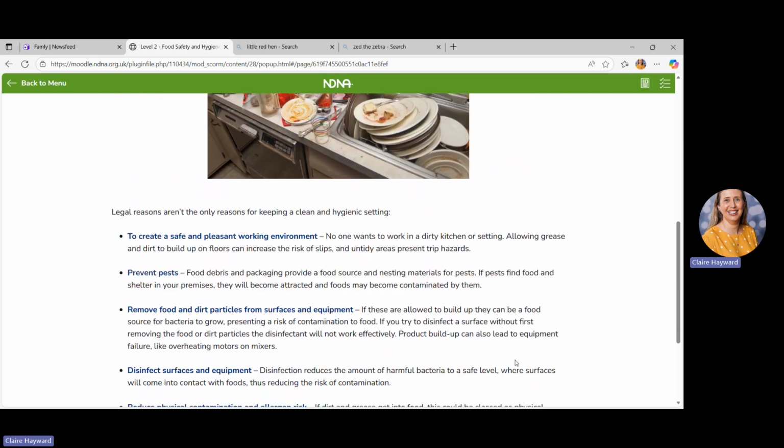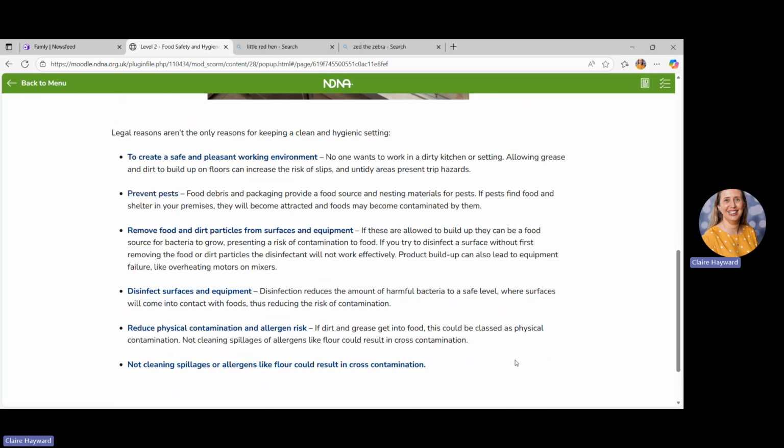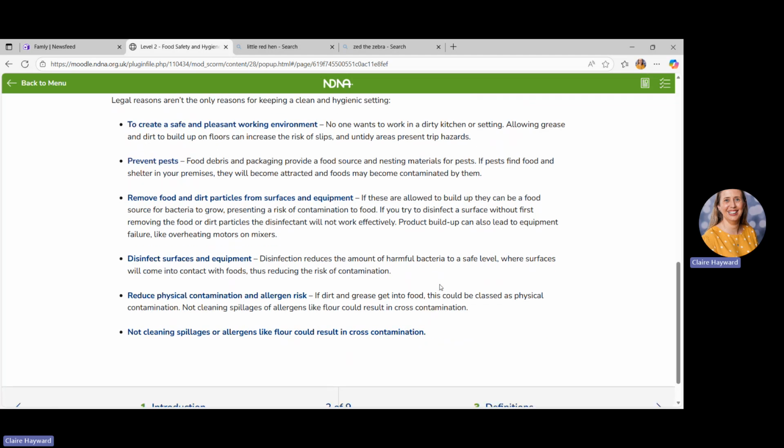The legal reasons aren't the only reasons we need to keep a clean and hygienic setting. This is also to create a safe and pleasant working environment so you don't fall over or get hurt. To prevent pests, as food debris and packaging can attract pests. Remove food and dirt particles from surfaces and equipment, as these can build up over time and bacteria can grow.